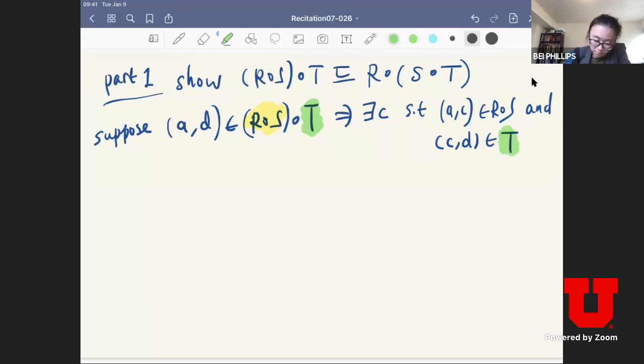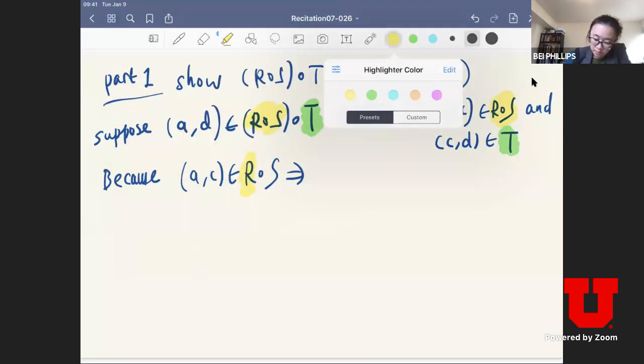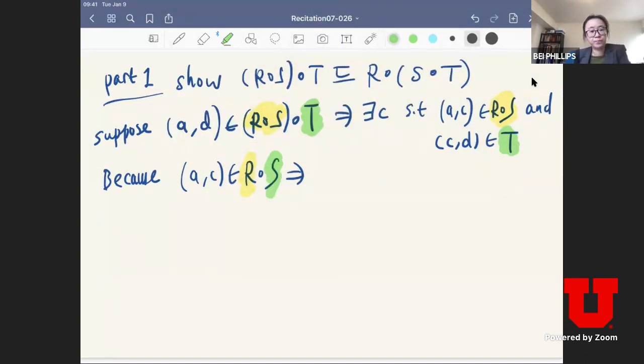So that's just using the definition of composition. And now because I have AC is part of the composition of R composed with S, again by the definition, I'm going to decompose this into two parts. The yellow part and then the green part.